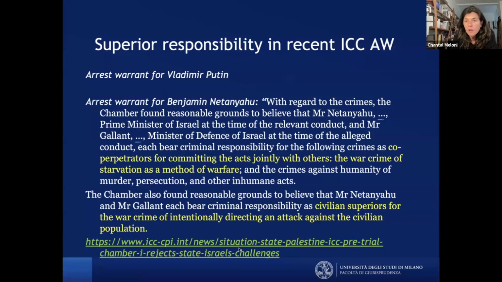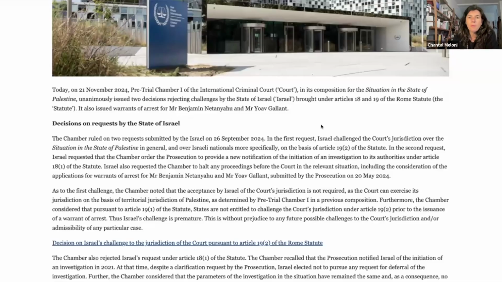Sorry, can you confirm? No, it didn't go through, Chantal. Under your screen share settings, you can either share specifically the presentation or your whole computer. So you'd have to change the screen share settings. We see the slide though where you've pulled out a lot of text. Can you see it now? Perfect.